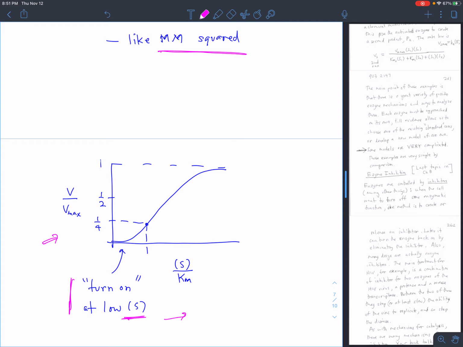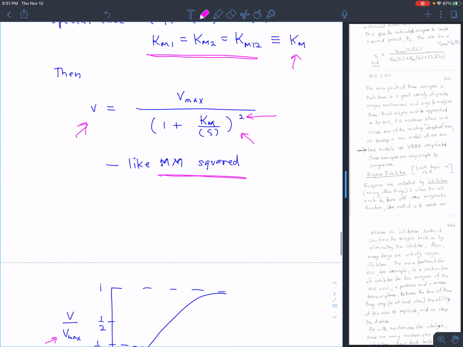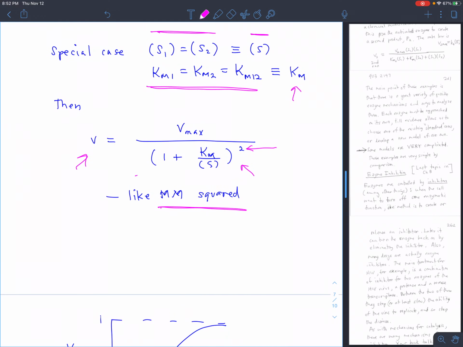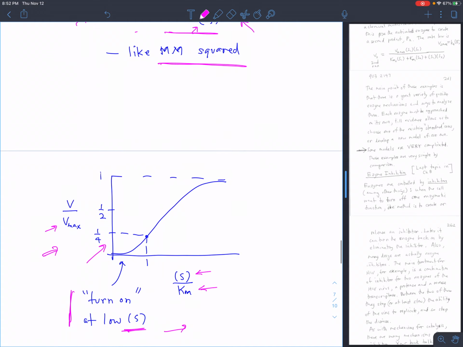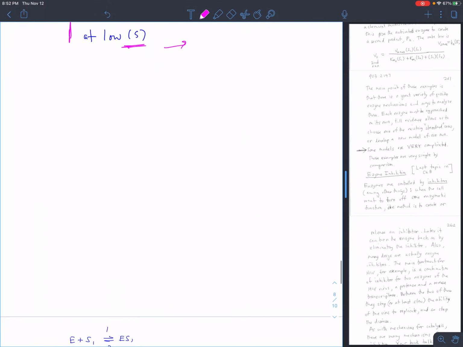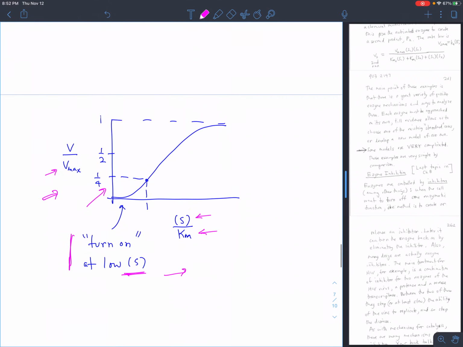Also, the point at which the substrate is equal to the Km value occurs only at 1/4 of the value of Vmax, because you can see that if this is equal to a 1, you've got a 2 in here, but then that gets squared, so you've got Vmax over 4. So there are differences. Anyway, that's all I want to say about these variants.